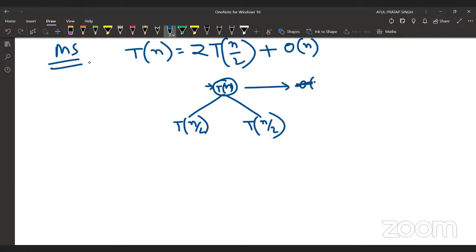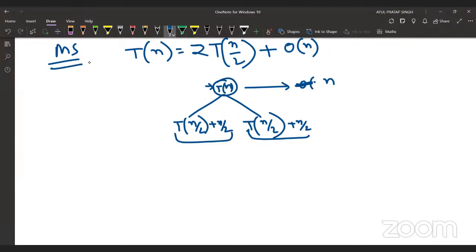So we are just writing n. For example, if we perform merge sort on n by 2 elements, then n by 2 operations are required for this problem. Same for the second subproblem: n by 2 operations are required.